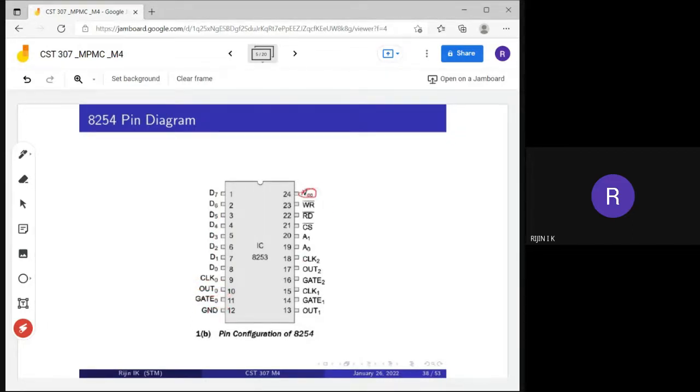The 24th pin is VCC. Then read, write, CS bar: these are the control signals, along with A1, A0. Then clock 2, out 2, gate 2 are for counter 2, and clock 1, gate 1, out 1 are for counter 1.